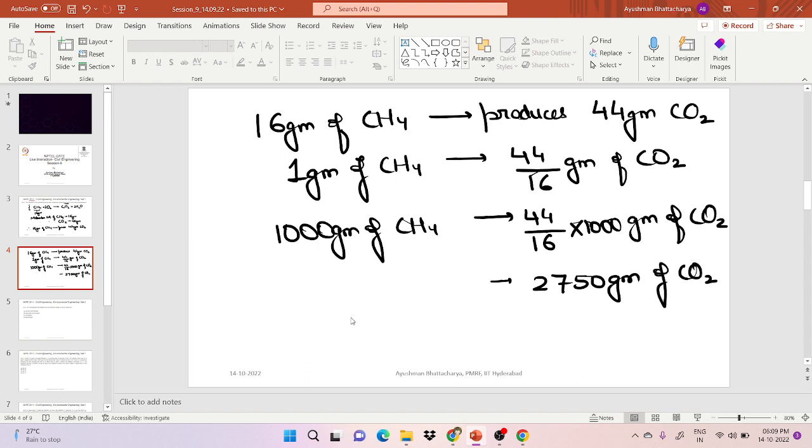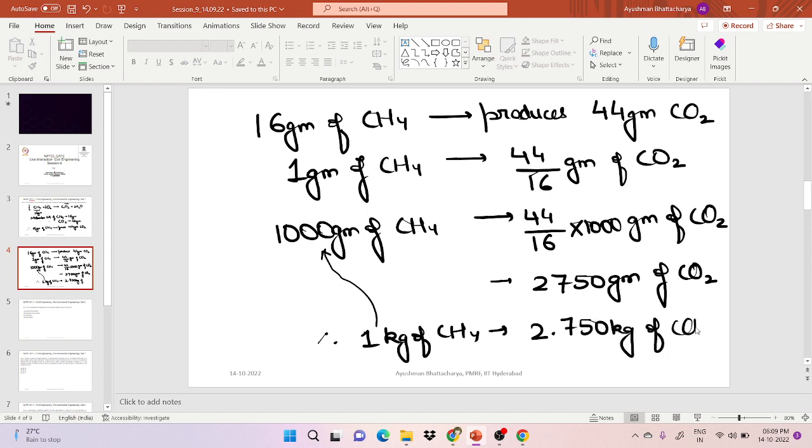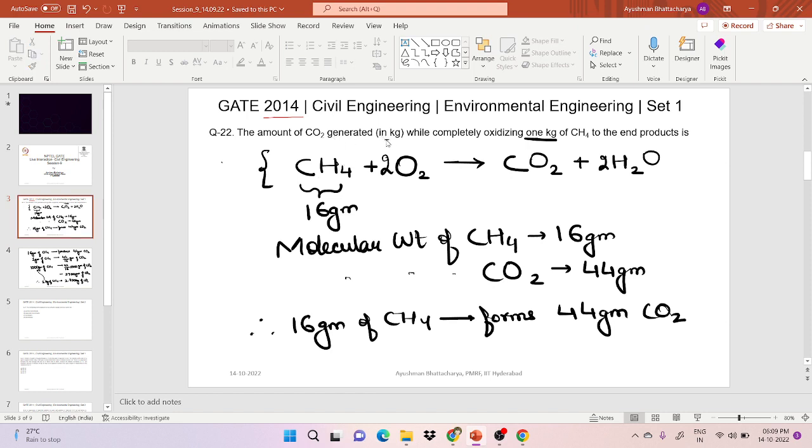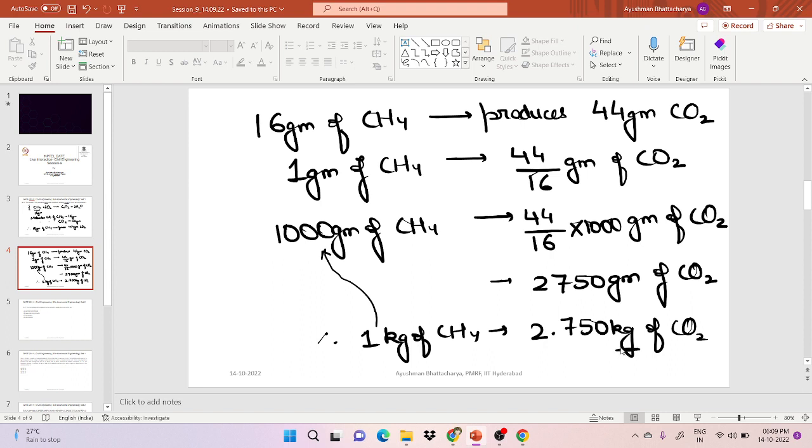So the CO2 formed after oxidizing 1 kg of CH4, you can write 1 kg or 1000 gram, both are the same, will be 2.750 kg of CO2. Here you have to see the unit, because in this question they have mentioned kg, so you have to report in terms of kg.